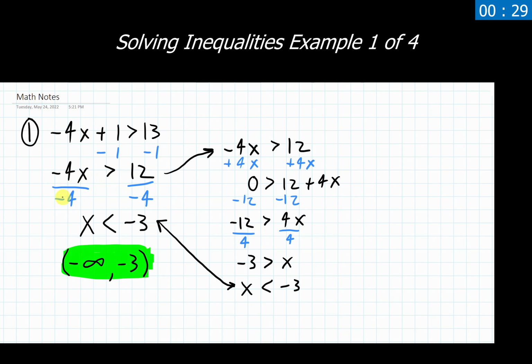So if we do it with multiplication or division, it saves us some extra steps, certainly, but it does mean that we need to flip the inequality to go along with that. So just wanted to note that and show that at least once with our first example. Moving on to our second example, we're not going to see this as much, but I just want to make sure you're aware that this is going on in the background of all of these problems if we multiply or divide by a negative number.